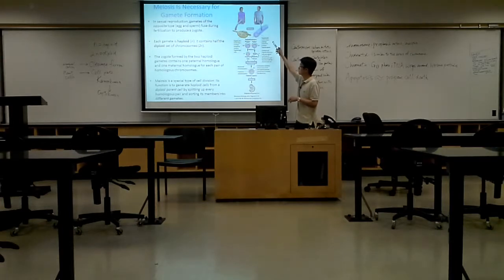So this is the summary of meiosis. At first, in the ovaries and in the testes, we have a diploid cell, and these diploid cells undergo meiosis and form the sperm and egg.